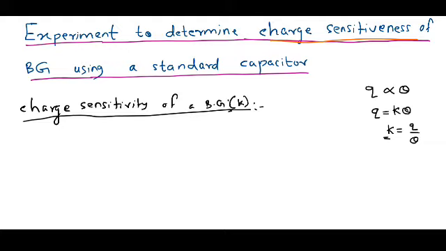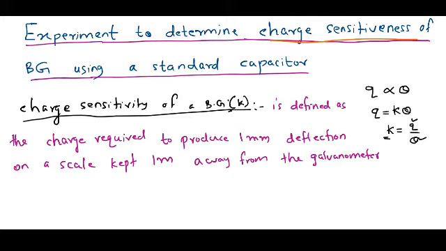This charge sensitivity is defined as the charge required to produce 1 millimeter deflection on a scale kept 1 meter away from the galvanometer. We have already defined the charge sensitivity of ballistic galvanometer in the last lecture.